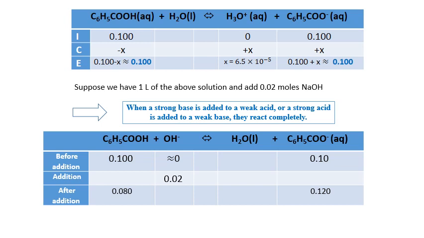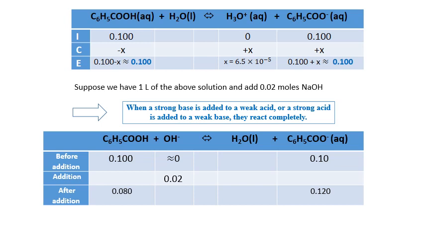And instead of I, C, and E, it's labeled before addition. The situation that we had, this was the buffer at equilibrium, 0.1 and 0.1. Okay. And then the addition, what did we add? We added 0.02 moles of this hydroxide in the form of NaOH.